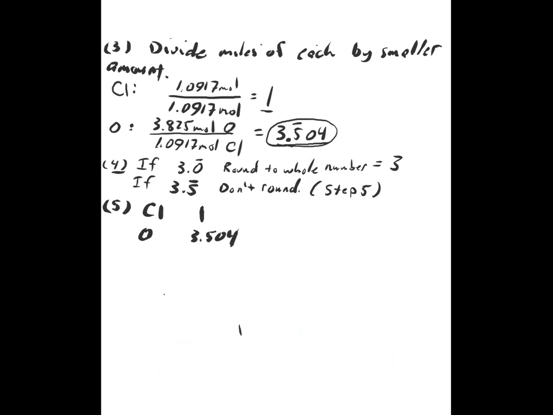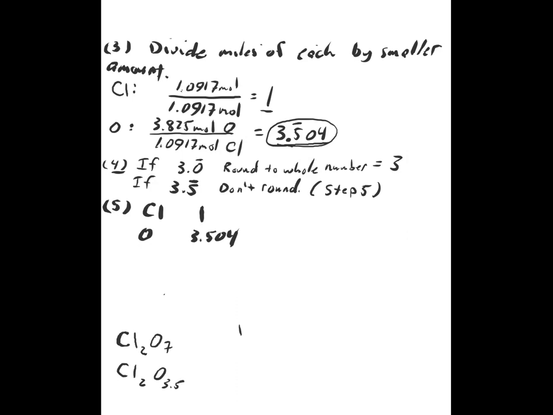Chemical formulas have to be whole numbers. So for example, Cl2O7, right? That's a chemical formula. Cl2O3.5 is not a chemical formula.